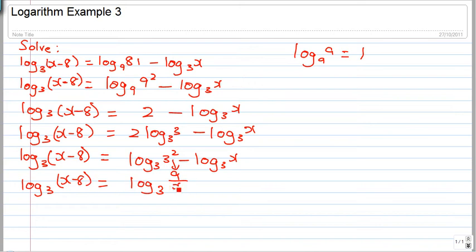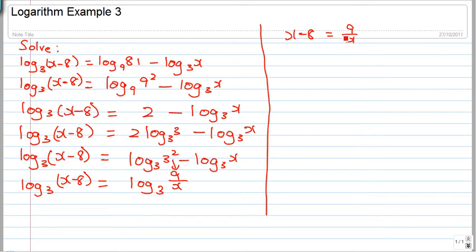Now you can actually compare. X minus 8 is equal to 9 over x, as you remove log base 3.